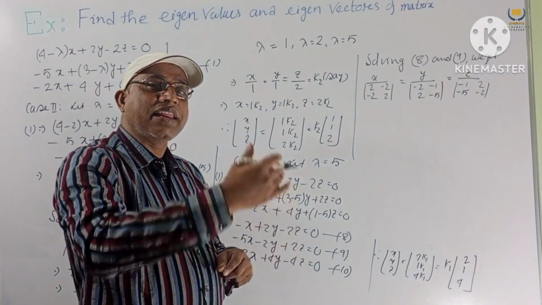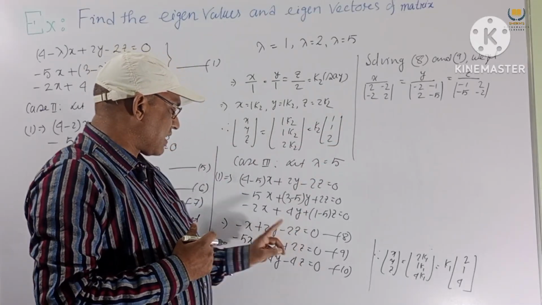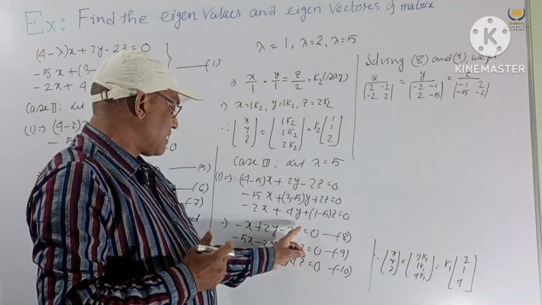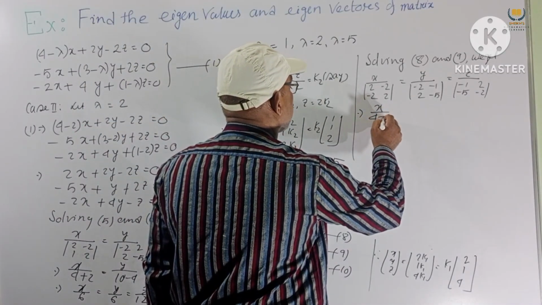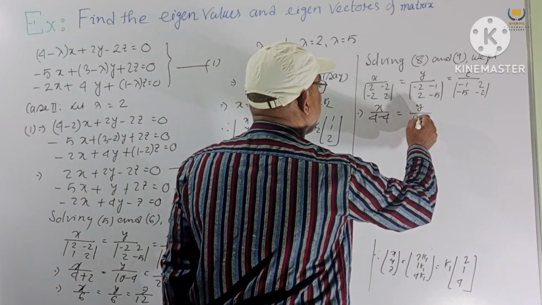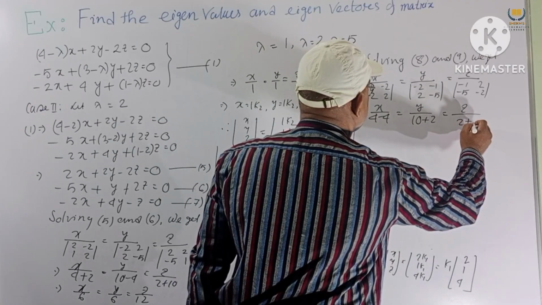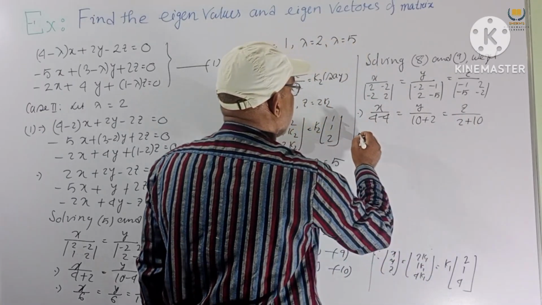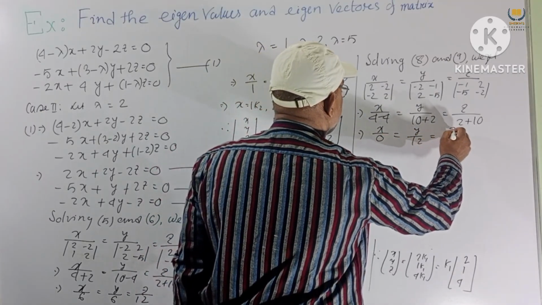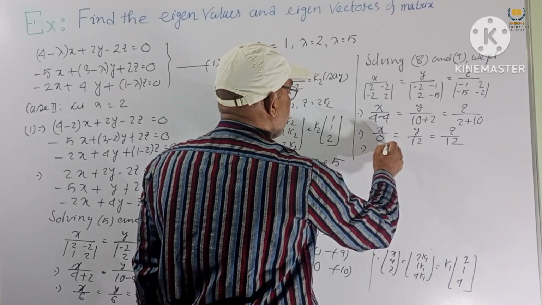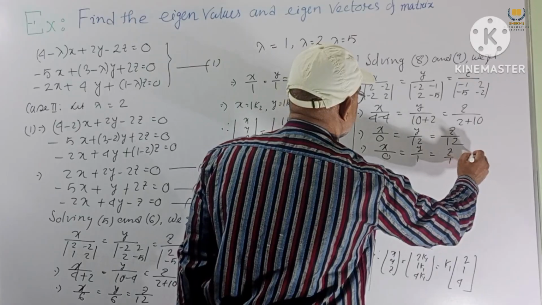X, y, z, again x. When we consider x, then y, z. Y, then z, x. Z, then x, y. And this implies x by 4 minus 4, y by 10 plus 2, z by 2 plus 10. This is x by 0, y by 12, z by 12. Dividing by 12, x by 0, y by 1, z by 1, this is k3.